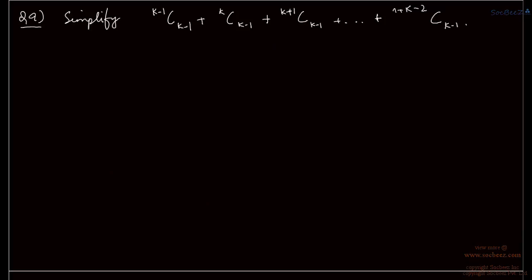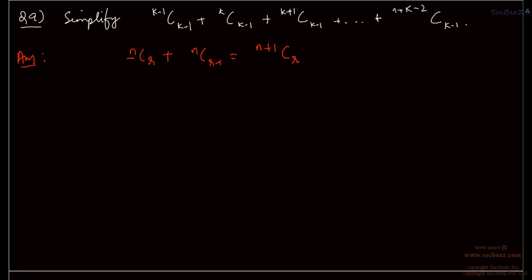Okay. Simplify k minus 1 C k minus 1 plus k C k minus 1 plus k plus 1 C k minus 1 all the way till n plus k minus 2 C k minus 1. Now in this kind of expression, the formula we will be using is nCr plus nCr minus 1 is equal to n plus 1 Cr.